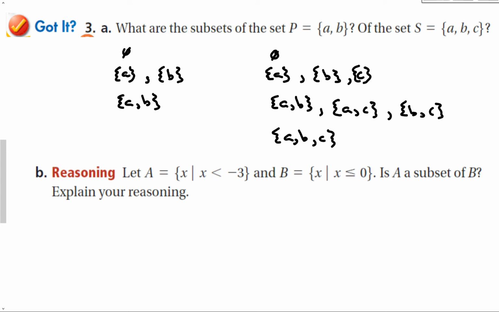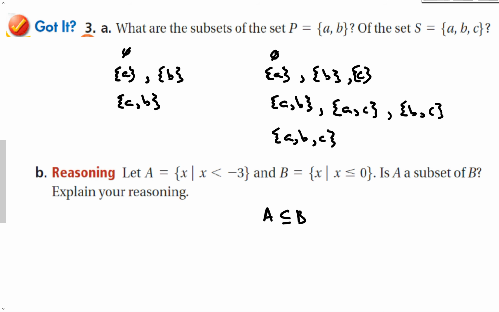So let A equal x such that x is less than negative 3, and B equal x such that x is less than or equal to 0. Is A a subset of B? Well, if we think about it, we have to ask ourselves, is every element of A contained in B?